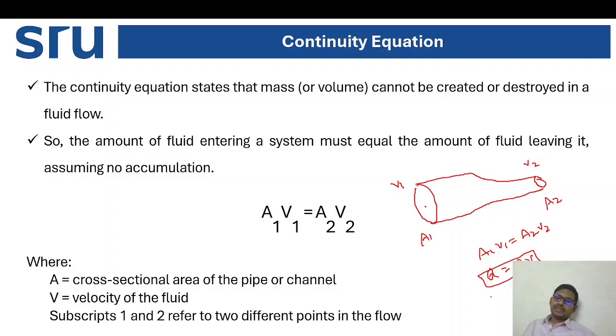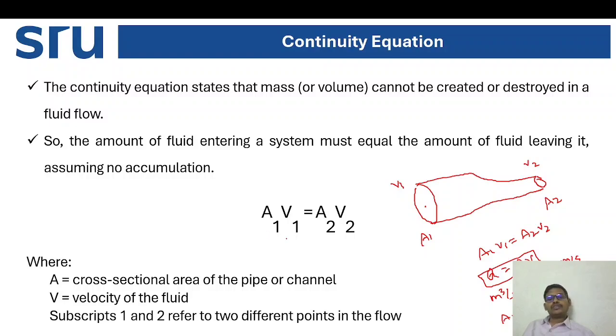So discharge means meter cube per second. Area is in meter square, into velocity in meters per second. So LHS equal to RHS. Now we can rewrite A1 V1 equal to A2 V2, also known as Q1 equal to Q2. Agree?